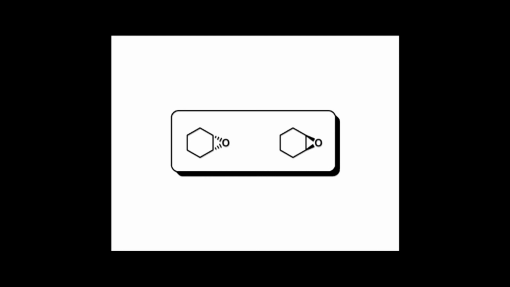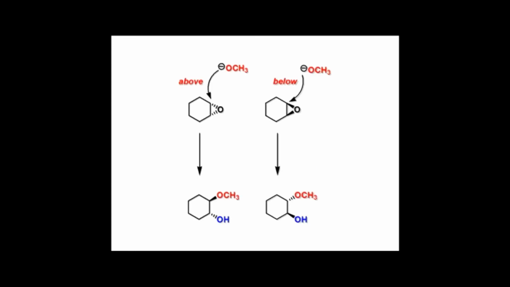We have both the epoxide up and the epoxide down in the reaction mixture. So what chemists will usually do is just draw a straight line denoting the fact that the stereochemistry is not set. But now that we know this, if we go back here, on the left-hand side, the methoxy in this case would attack from above, since the epoxide is pointing down, which means it's pointing essentially through your computer screen to behind it.